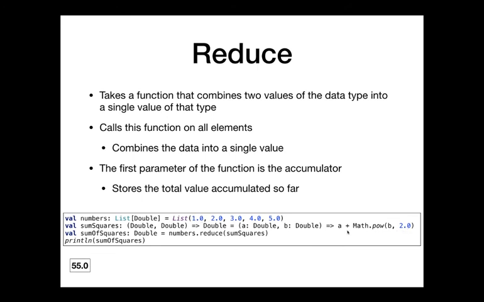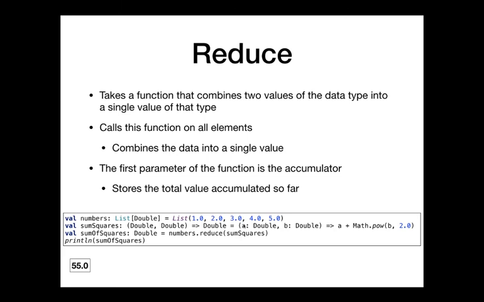I'm going to take 1 squared, add it to 0, get 1, and then reduce moves on to the next element of my list. Reduce is going to take that 1, that's going to be the new accumulator variable value. B is going to be the second element in my list. We're going to get 4 plus 1, 5. We're going to call sum squares on the next element.